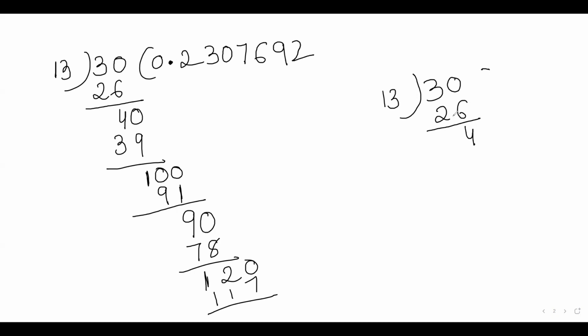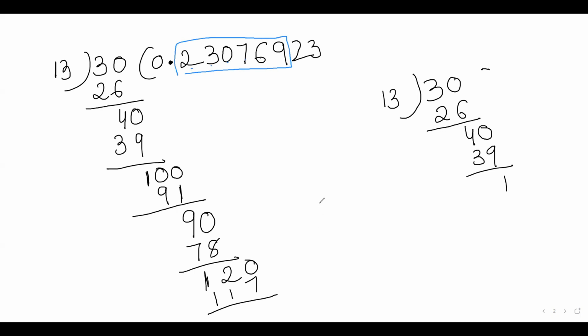With the point, I am putting 0. 13 threes are 39. So if you observe carefully, this whole thing is again repeated. We are again getting 2, 3, 0, 7, 6, 9. So we need not continue the division.